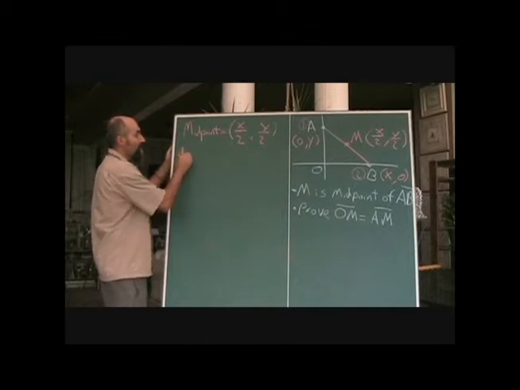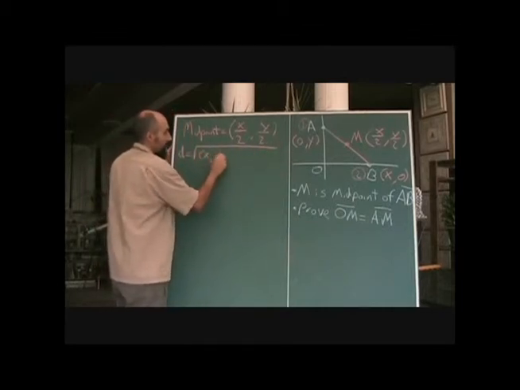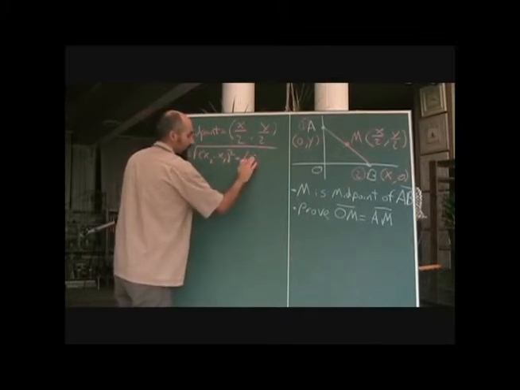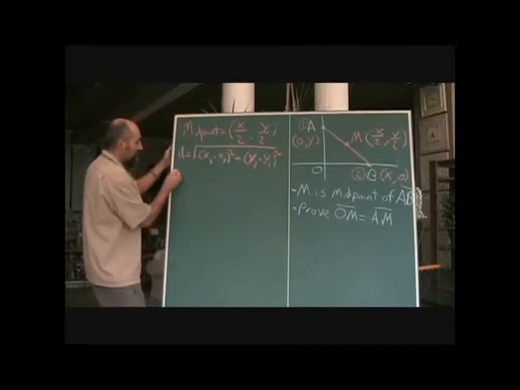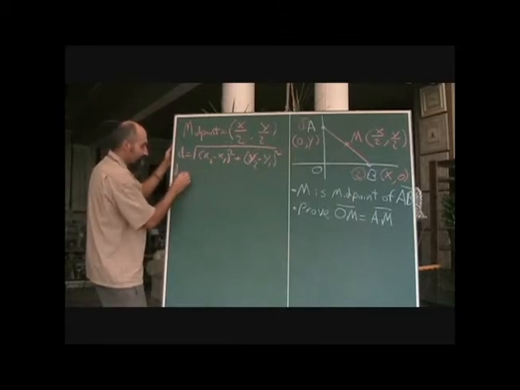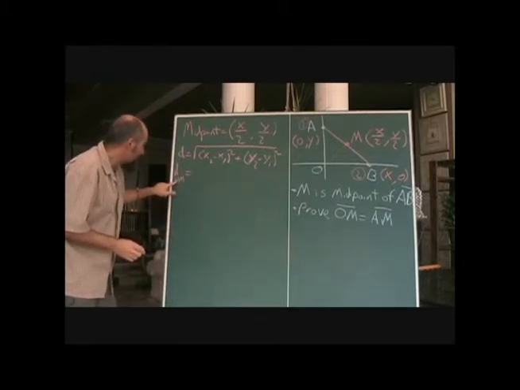So the distance formula is the square root of x2 minus x1 squared plus y2 minus y1 squared. So let's figure out the distance for OM first. And you can express it this way, using subscripts to specify that this is the distance for OM.